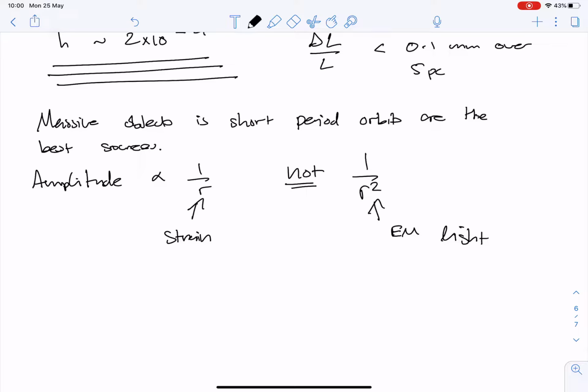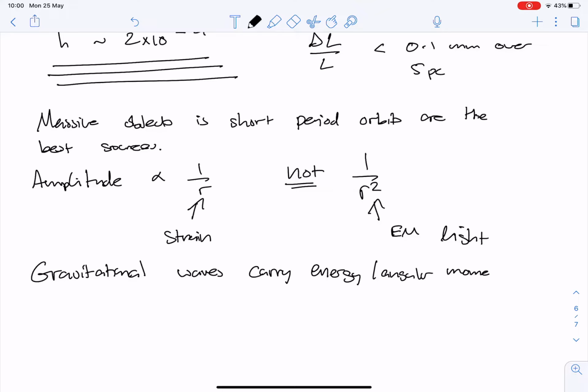rather than EM light. And then a very final point, and this perhaps is the most critical point for detection, gravitational waves, they bend space-time, they carry energy, and actually angular momentum, and therefore they cause an orbit to shrink.